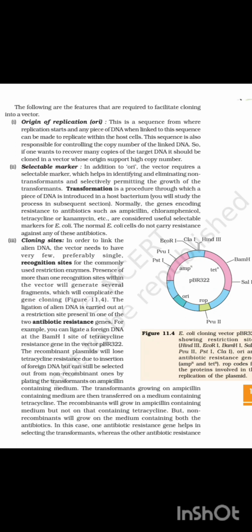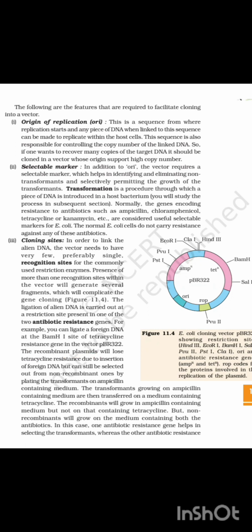Figure 11.4. The ligation of alien DNA is carried out at a restriction site present in one of the two antibiotic resistance genes. For example, you can ligate a foreign DNA at a BamHI site in the tetracycline resistance gene in the vector pBR322.